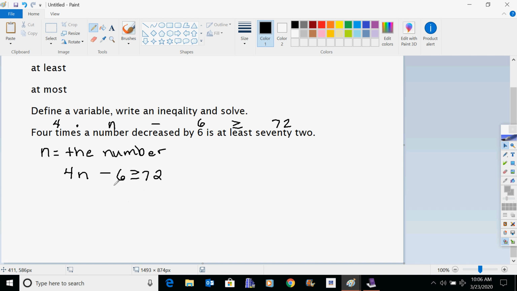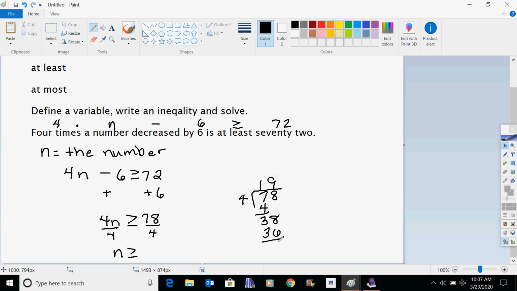Using the skills that we've been developing, we get 78 divided by 4. 4 goes into 78 nineteen times. 19 times 4 is 76, with 2 left over.